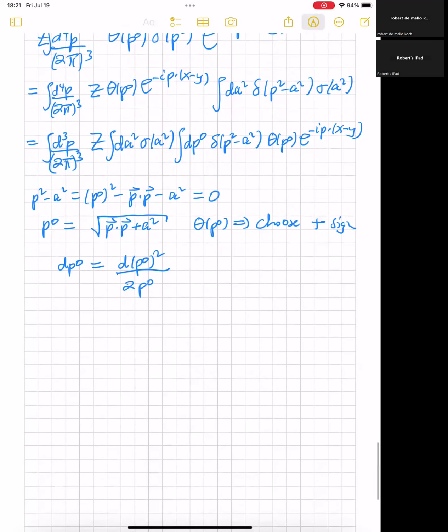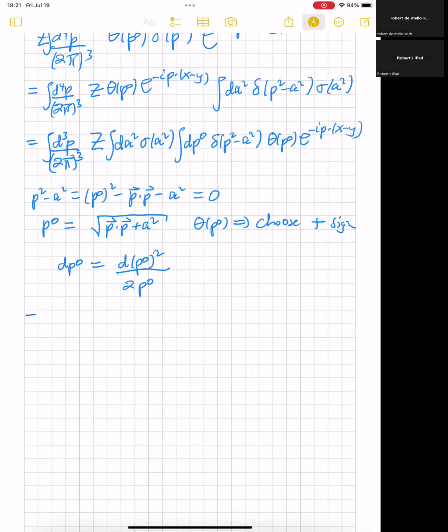Good. So let's see, what do we actually get? Well, we've got an integral d3p over 2 pi cubed. Good. We'll have Z integral dA squared sigma of A squared.